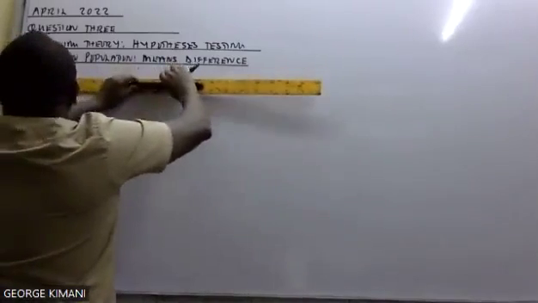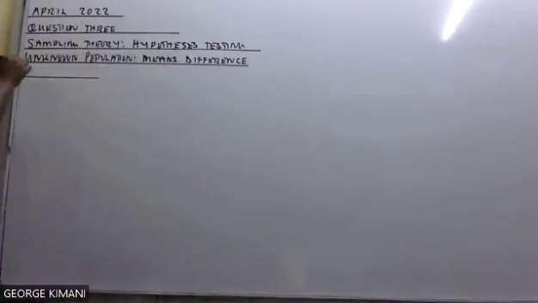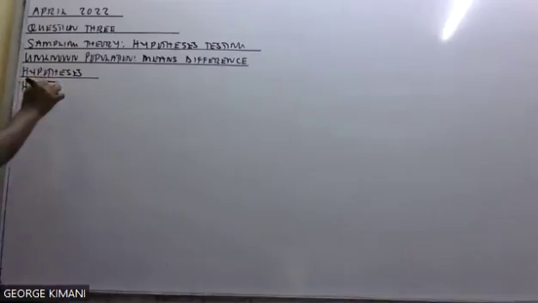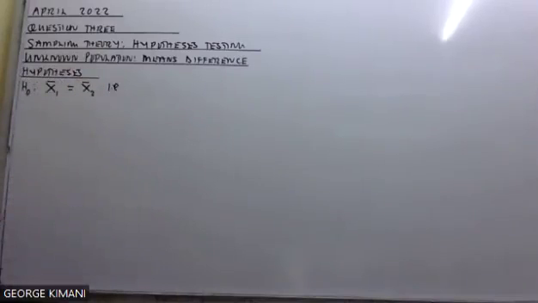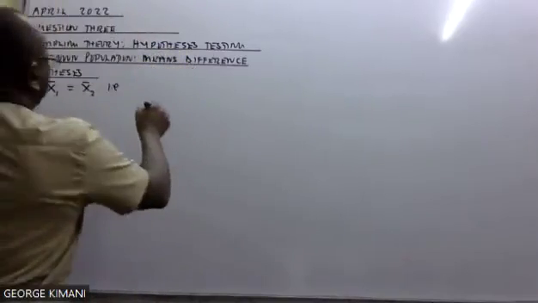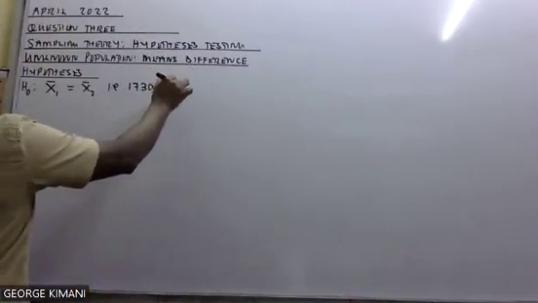Now, in that case, the journey begins by developing the hypothesis. And I told you, for exam purposes, you take it this way, that in the null hypothesis, the first mean is equal to the second mean. That is, 1730 is equal to 1684.